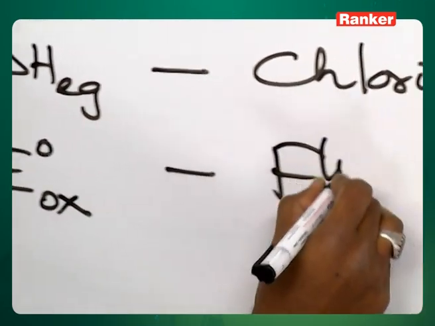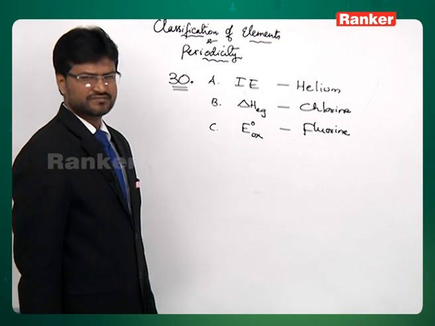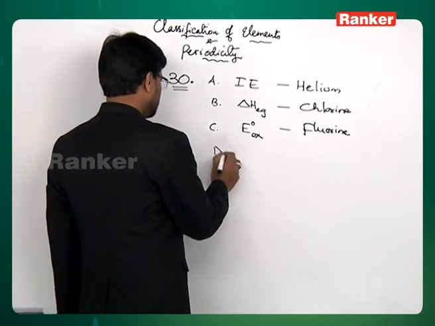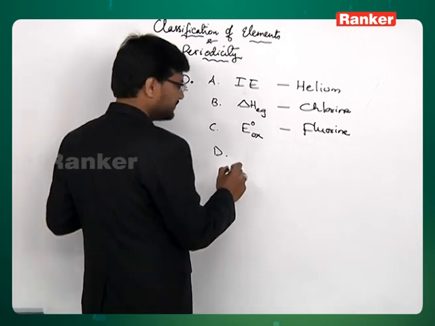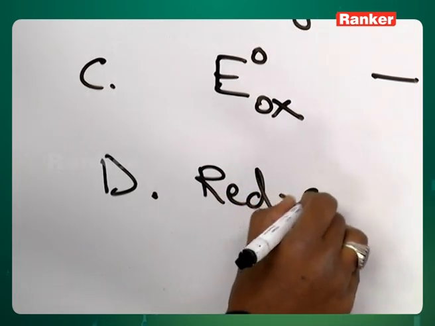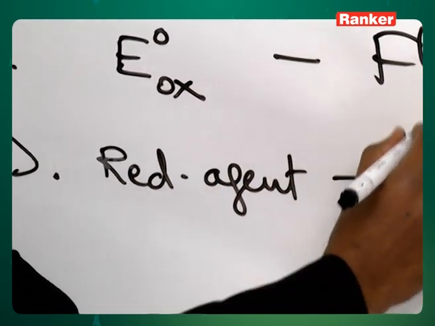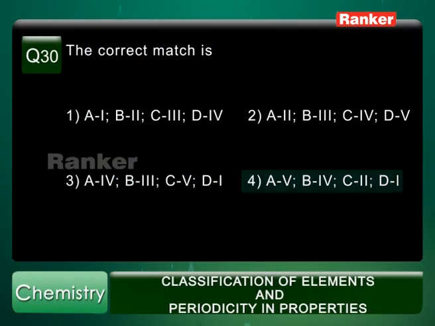This is fluorine. Fluorine is the most powerful oxidizing agent. And then D, strongest reducing agent. Strongest reducing agent is lithium. Therefore, the correct answer is fourth option.